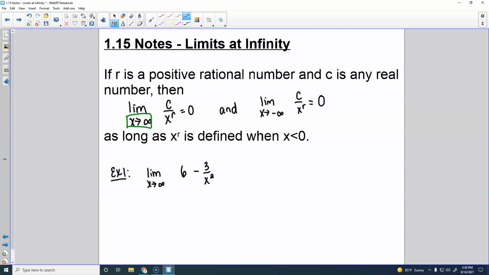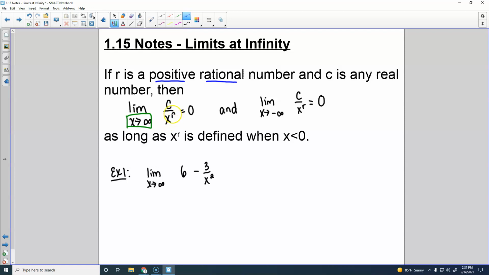If r is a positive rational number, rational means we can write it as a fraction, and c is any real number. So c can be positive or negative, but any real number. So basically we have a number divided by x to some power here.